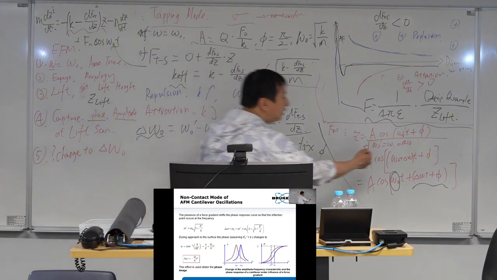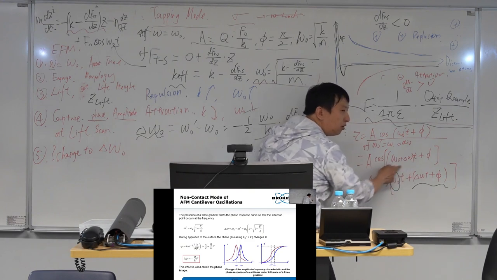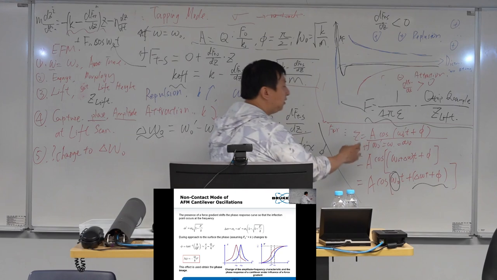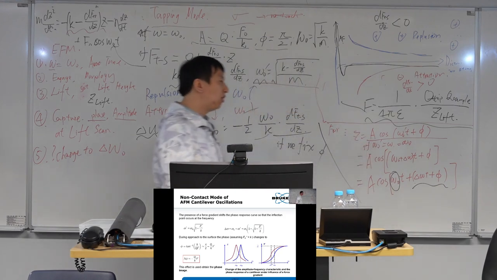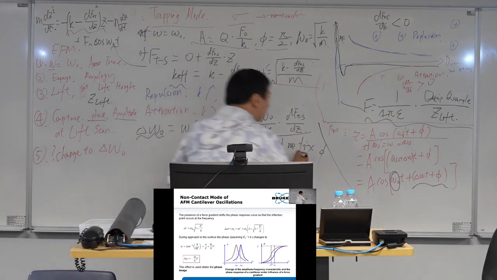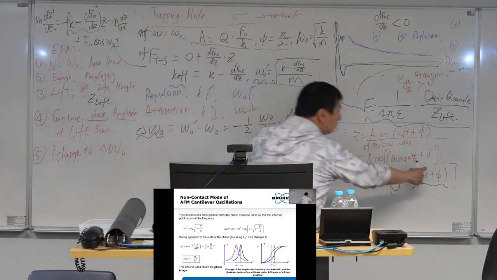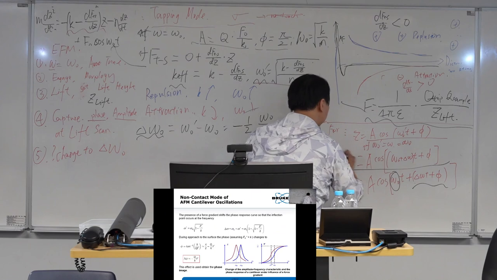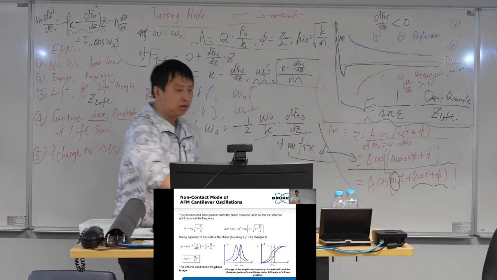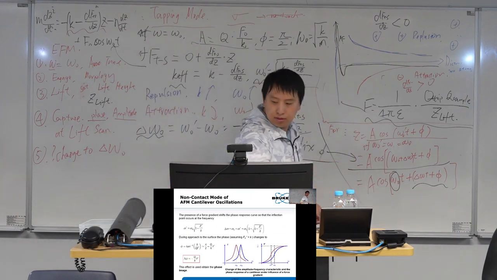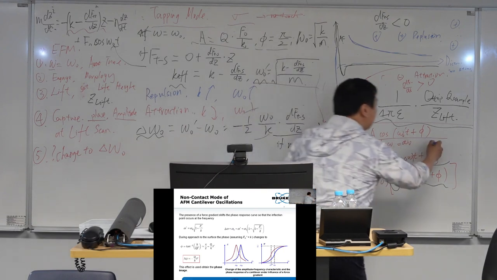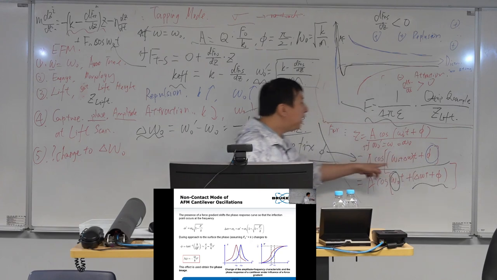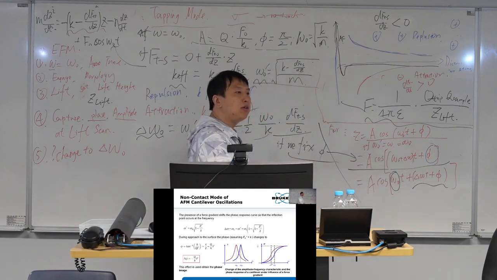We need to shift our frequency to make sure the frequency is always at its new resonance frequency. So if we fix the phase, then we rearrange the terms this way. So we keep the phase at a constant. How do we do that in the instrument? We have to change the frequencies.